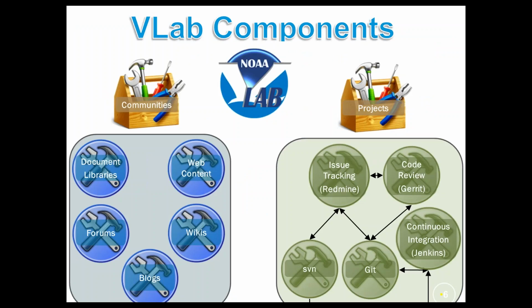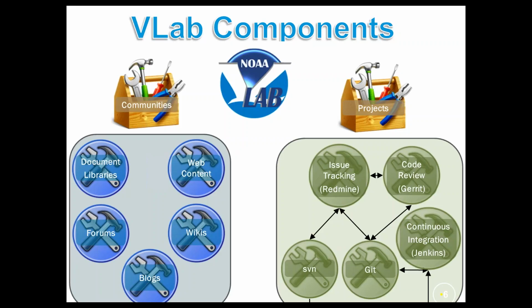So we talked a little bit about these communities and software development, and so I thought I'd quickly break out the way the virtual lab is organized, the two facets, let's call it, of the virtual lab. On the left side, we have what are called communities, which is another set of tools that help you do your job. We have document libraries for storing documents. They can be viewed, uploaded, downloaded, and organized.